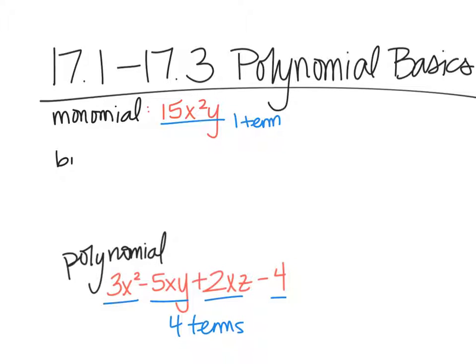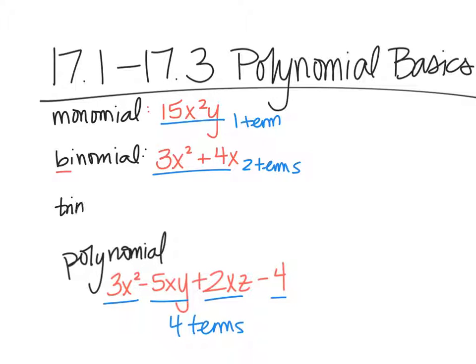And then a binomial, so now I'm going to count up for us. A binomial, because it says bi there, is going to have 2 terms. So that may be like 3x squared plus 4x, right? That there has 2 separate terms. And then our last example, we'll do a trinomial.